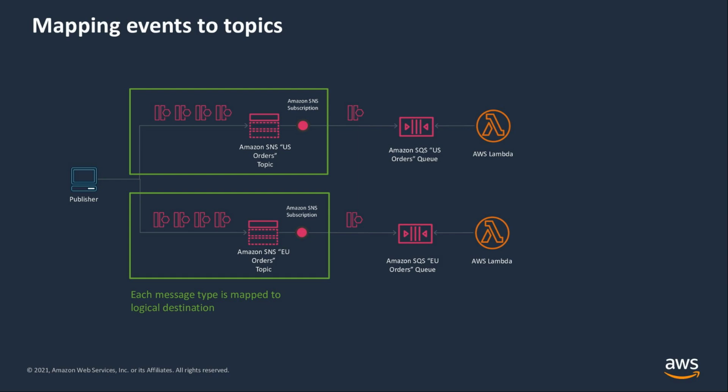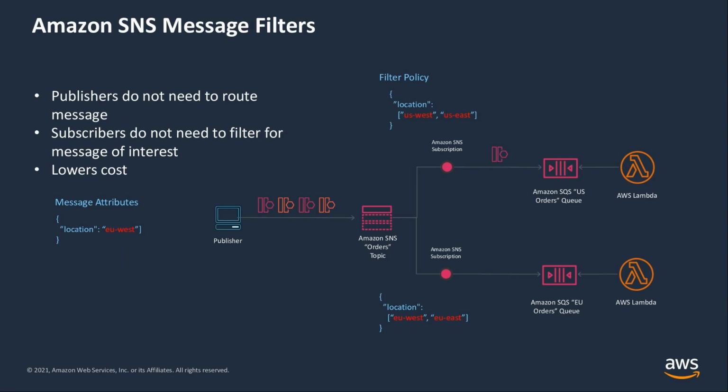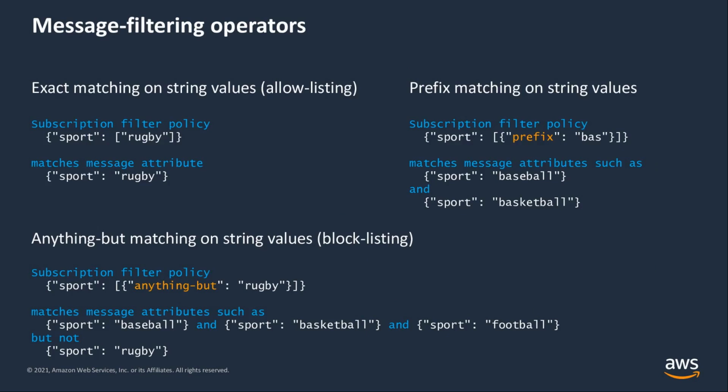To solve for this routing, you can use filters in SNS, just like the rules in Eventbridge. You can assign what's called a filter policy, which works like a rule. This is just a JSON object containing attributes that define which messages the subscriber receives, very similar to what we saw in Eventbridge. We have some message filtering operators, again very similar to Eventbridge.